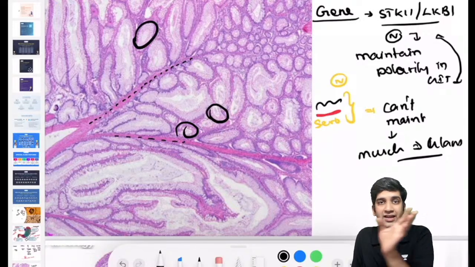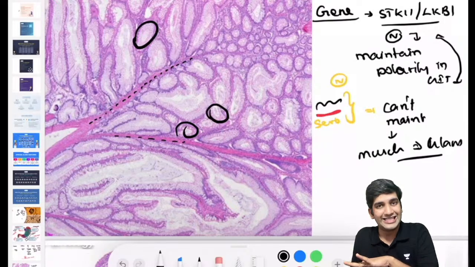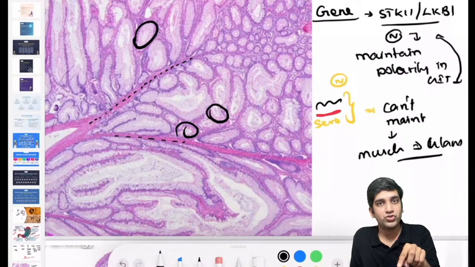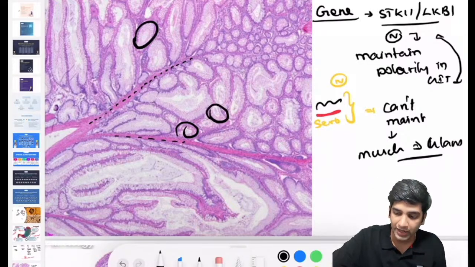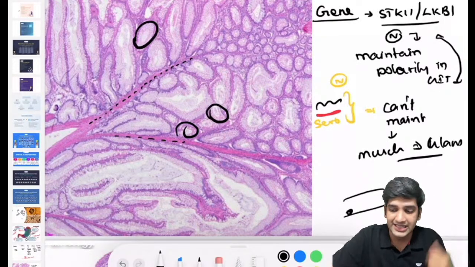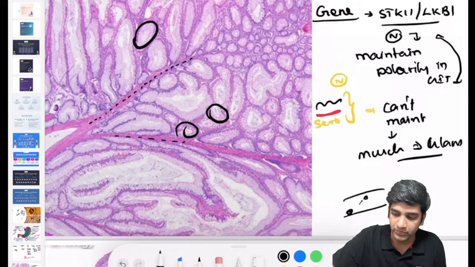In Peutz-Jeghers syndrome, STK11 is gone. So can I say a cell like a melanocyte, which should ideally be in stratum basale, now doesn't know where to be? Ideally, stratum basale is where my melanocyte should be. When STK11 is gone, it comes to the top. It not only comes to the top, it's a tumor suppressor gene, so there is slightly increased growth as well.